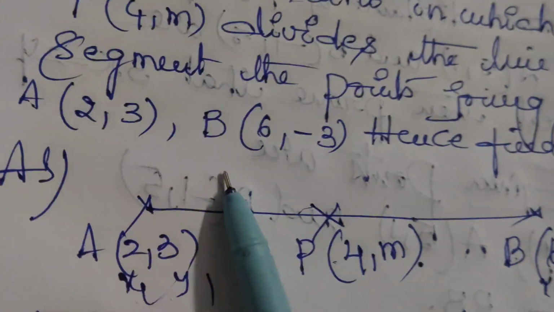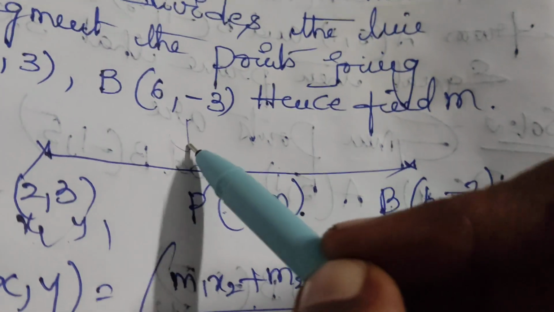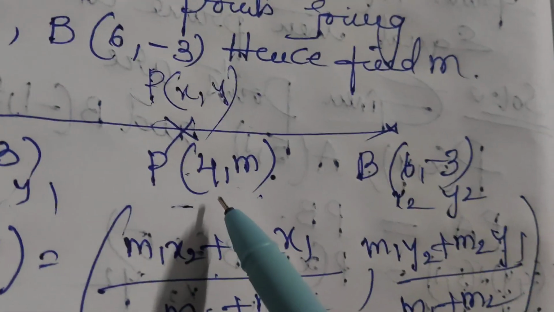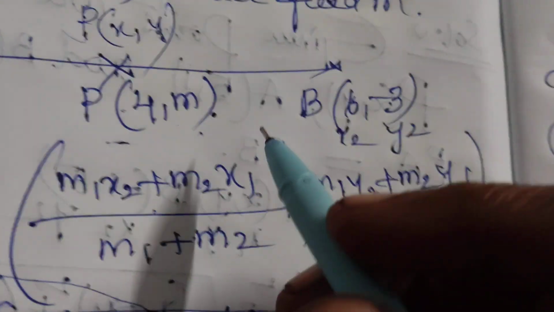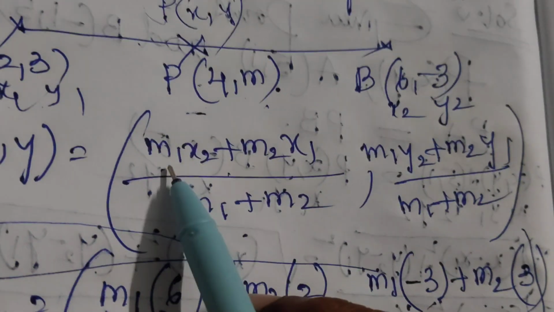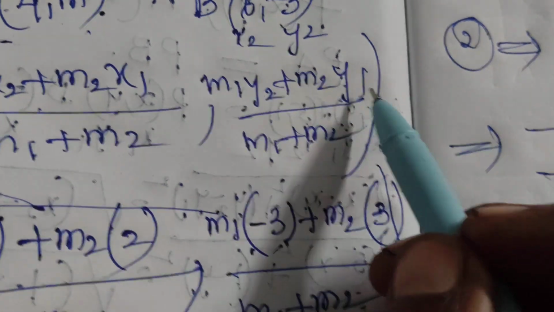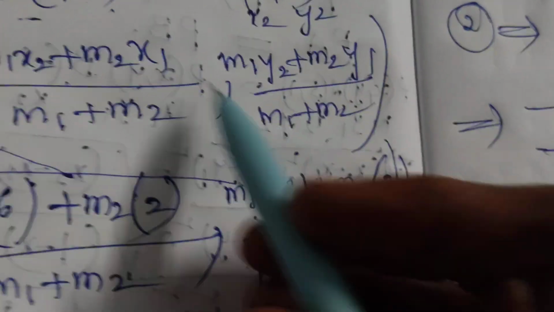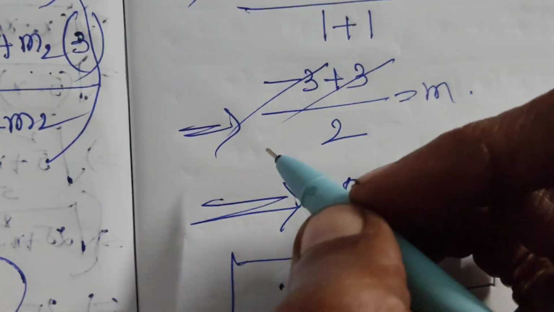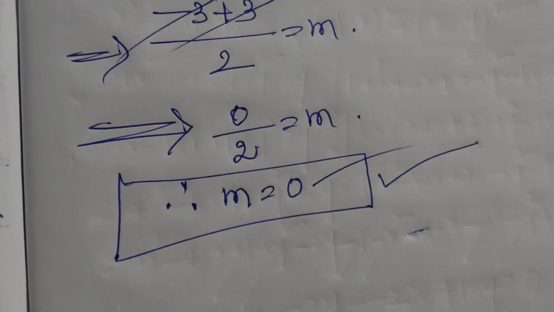The formula for P(x, y) is (m1 x2 + m2 x1) by (m1 + m2), with m1 by 2 plus m2 by 1 by m1 plus m2. Substituting the values, we finally prove that m equals 0. Okay, thank you.